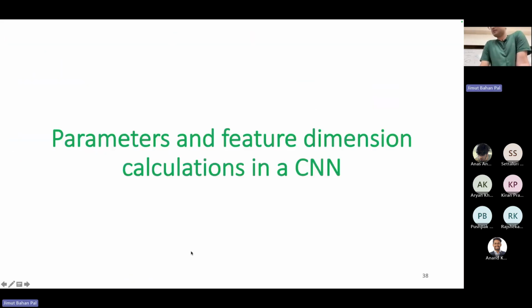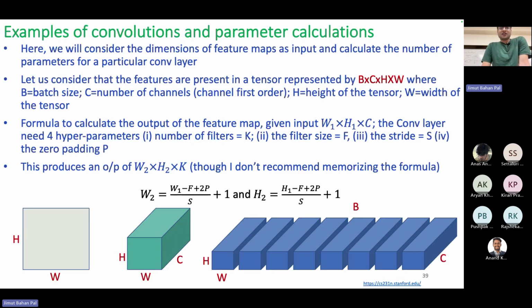Now is the important part, that is parameter calculation and feature dimension calculation in CNNs. We will be considering the dimension of feature maps as input and calculating the number of parameters for a particular convolutional layer in these examples.